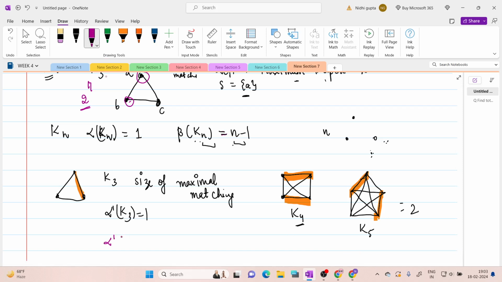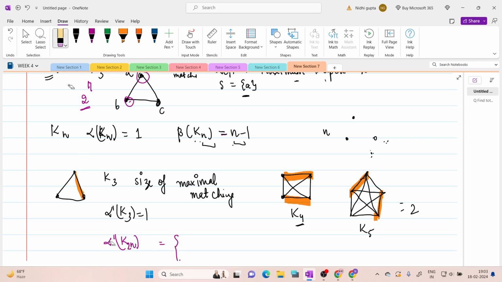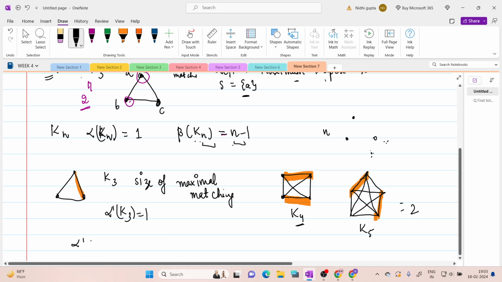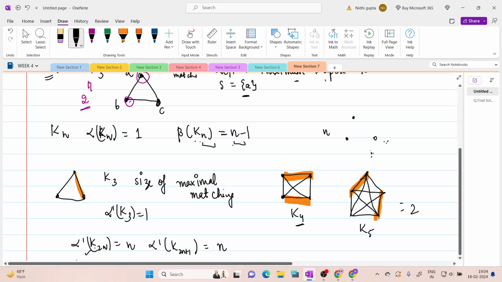Alpha dash Kn, suppose alpha dash K2n, what is it? It is n. Good. And what is alpha dash K2n plus 1? Again n, because we have covered 2n vertices and we have just one vertex left.